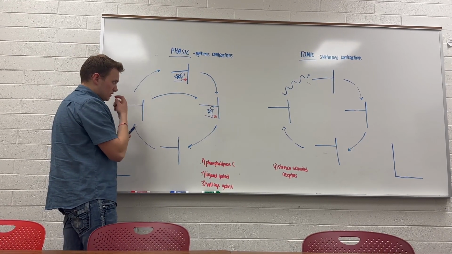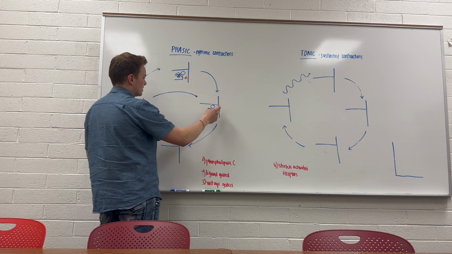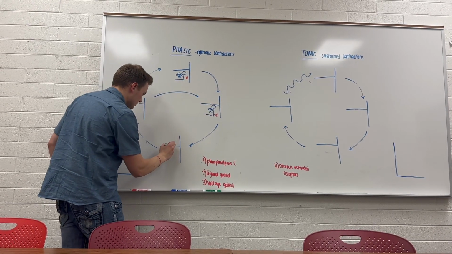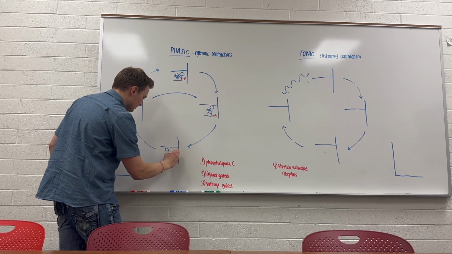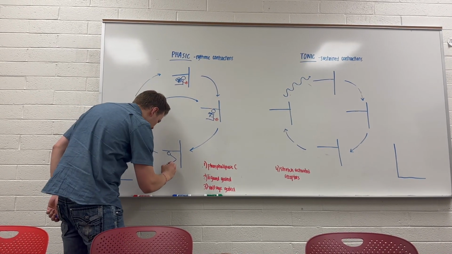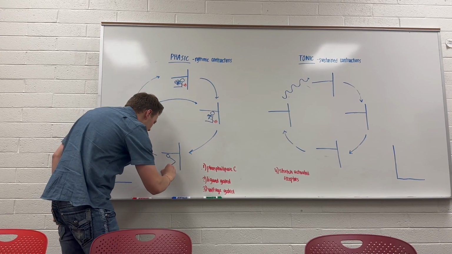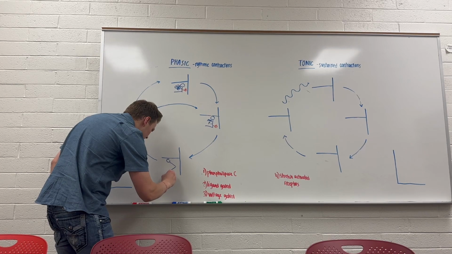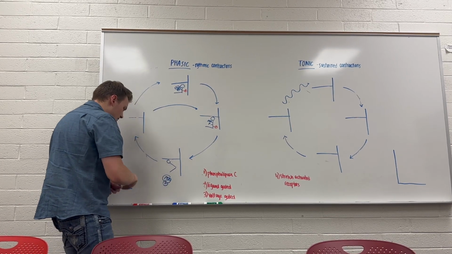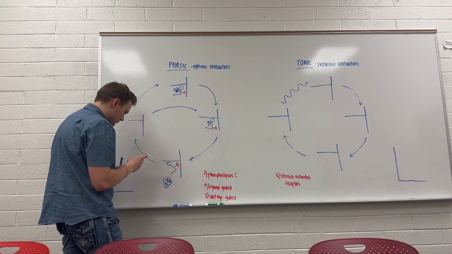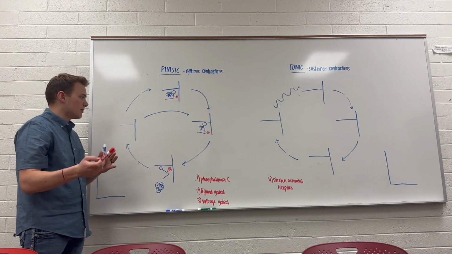Then we're going to undergo the traditional power stroke, where the myosin head goes from its cocked position to its uncocked position down our myosin filament. But in that process, just like we do with skeletal muscles, we are going to lose ADP and phosphorus because we need the energy from their bonds in order to get this going. However, this is where it is different in the fact that we still have that additional phosphorus coming from MLCK.